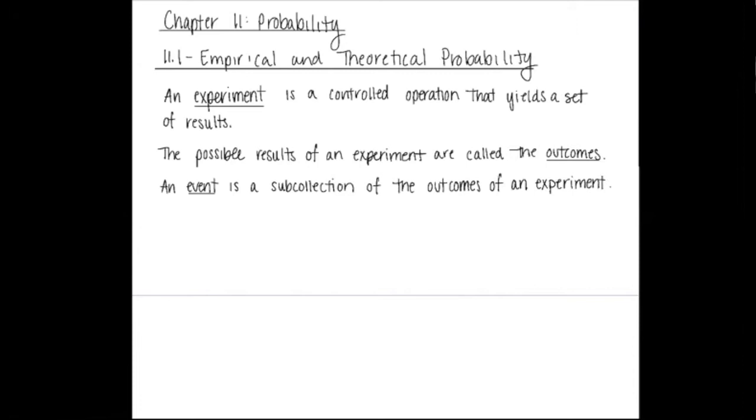And then when you look at the set of all outcomes, that's called our sample space.